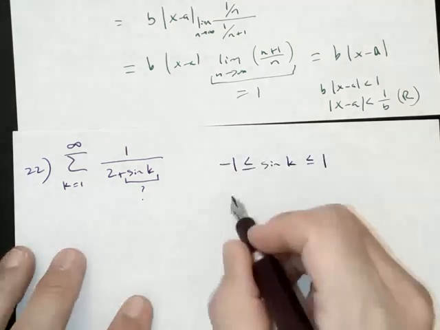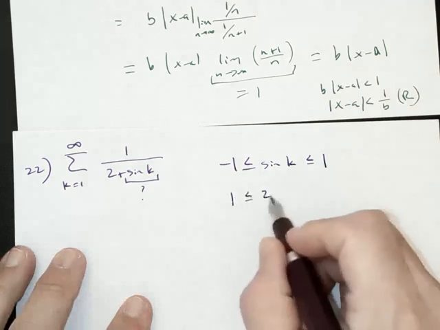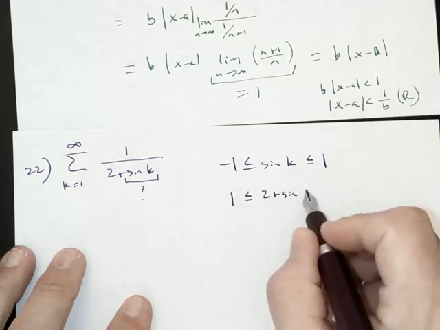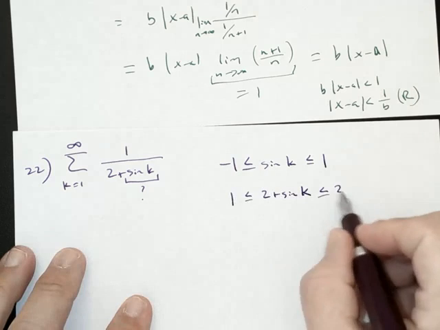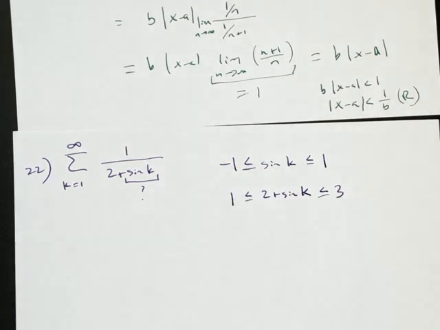Which means if I add 2, I know that, right? Which means I can take the reciprocal, 1 over.